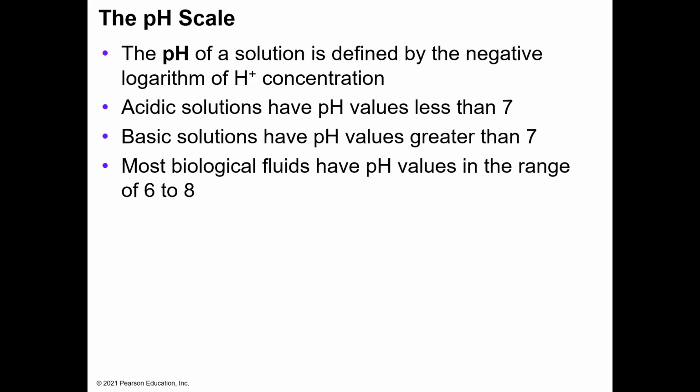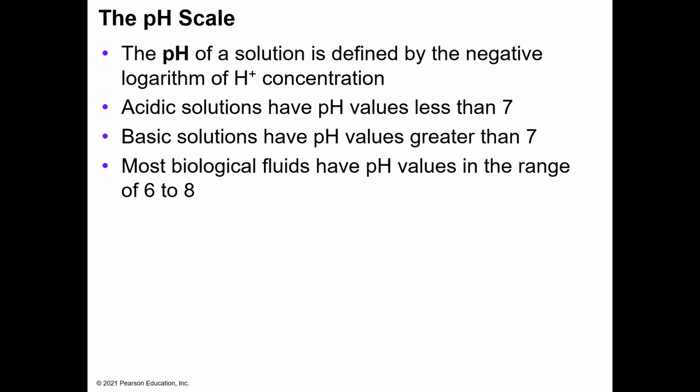Different substances have different amounts of hydrogen ion or hydroxide ions. It is these differences in the amount of ions that we will label a substance based on its concentration of hydrogen ions, and we call that the pH scale.